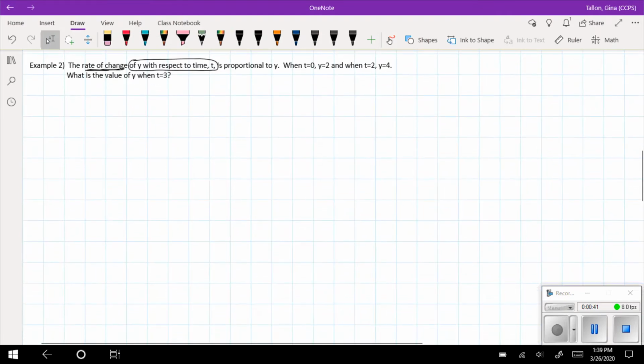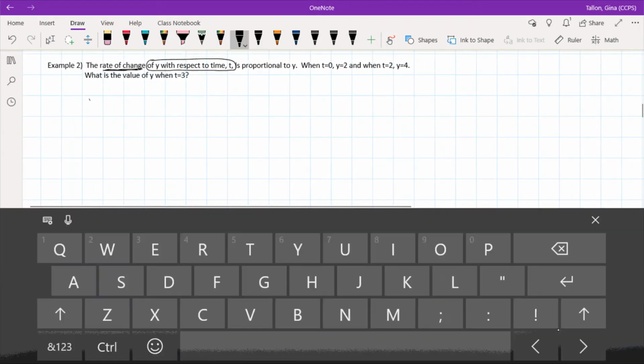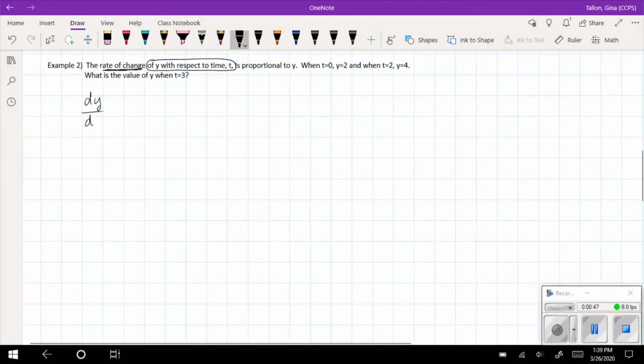Come back here with me, please. Thank you. So I'm looking at dy/dt is equal to, because we have the rate of change of y with respect to time t is proportional to y. Again, that means is directly proportional to y. So that equals ky. And I look at this thing and I say, hey, wait a minute, I just got done doing that.